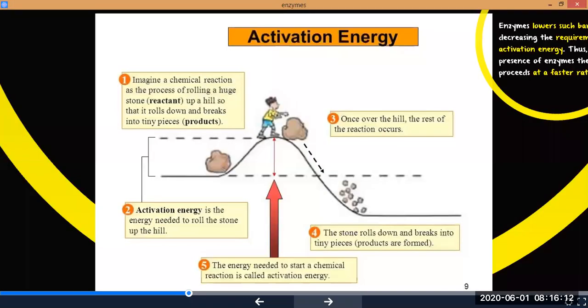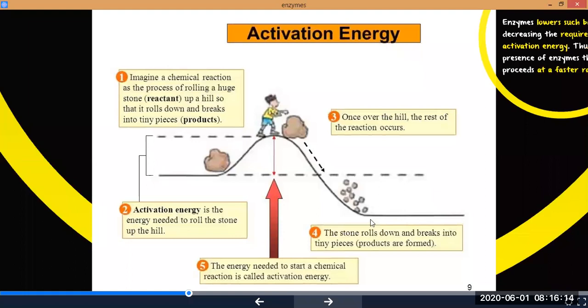Look at this diagram. It's a symbolic representation. It is not that enzymes are actually rolling a huge stone up the hill. It's symbolic: there is a person rolling a huge stone uphill.